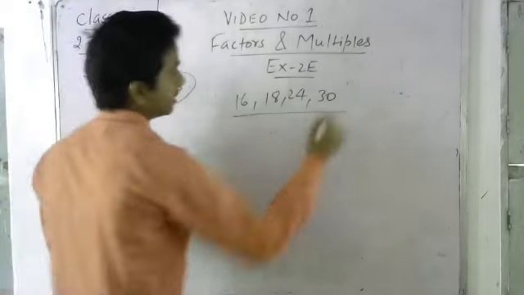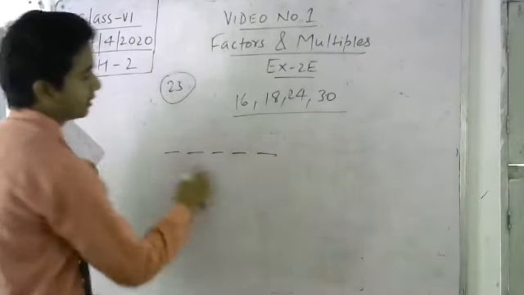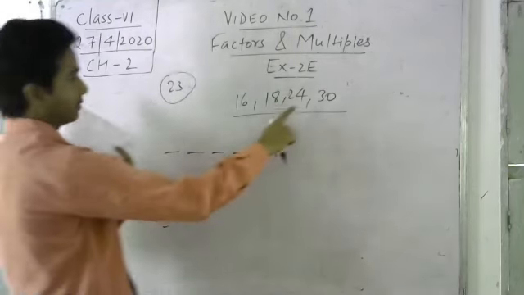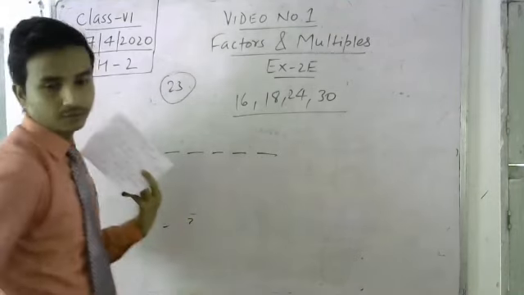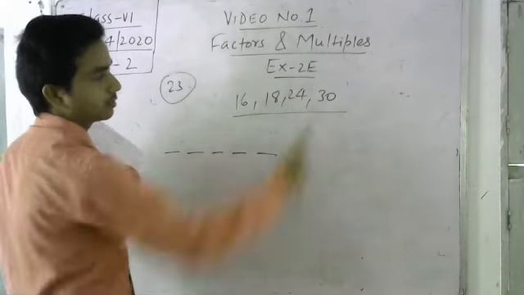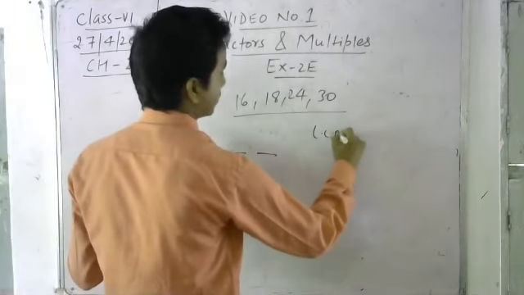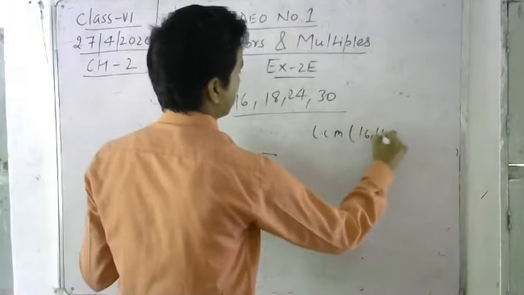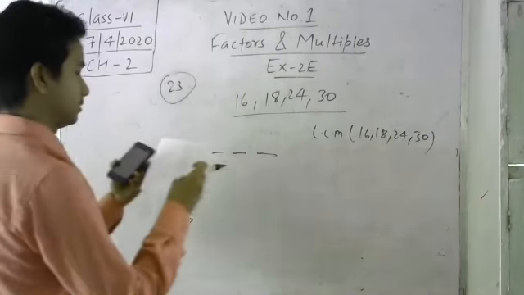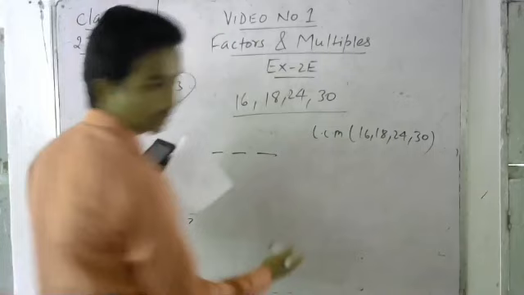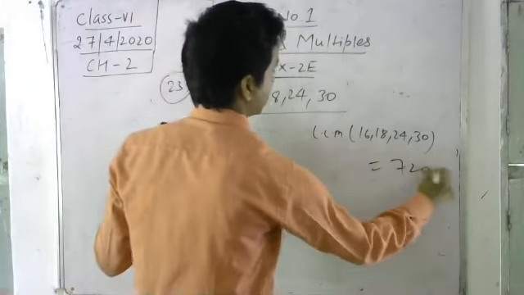We have to find the least 5 digit number which is exactly divisible by all of these. So first we have to find the LCM of 16, 18, 24 and 30. I think you can find the LCM. The LCM will be 720.